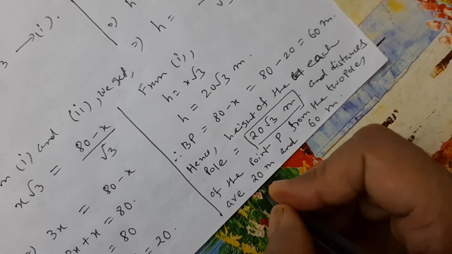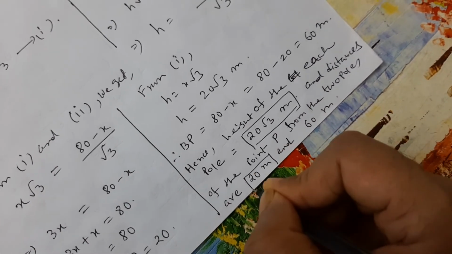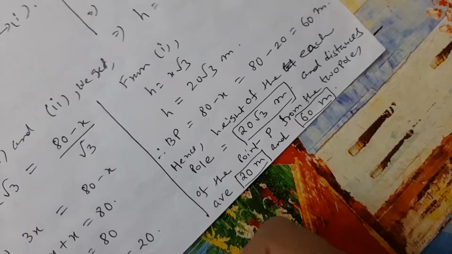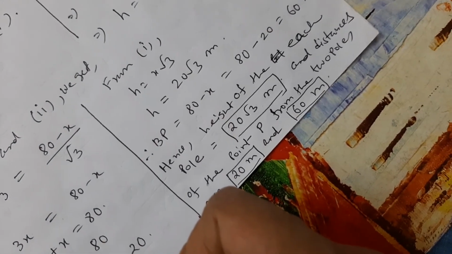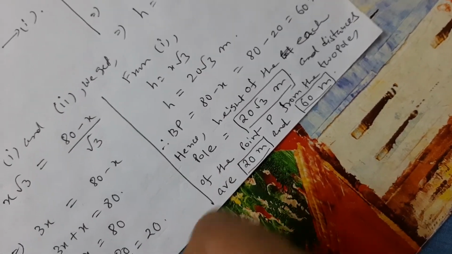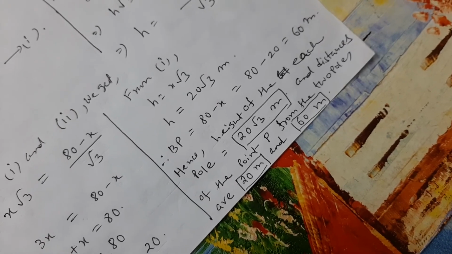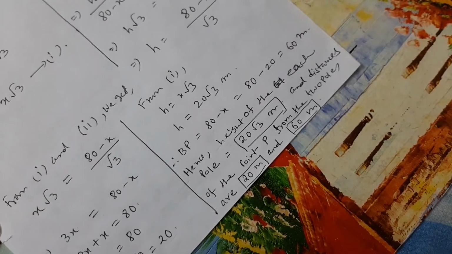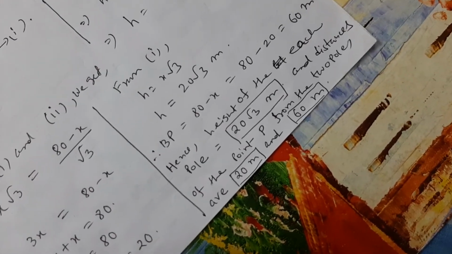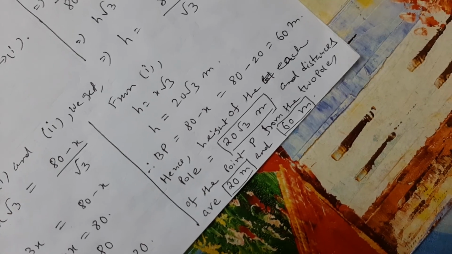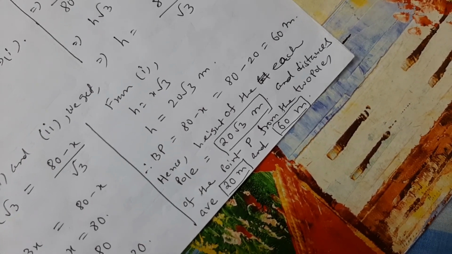One is 20, one is 60. So the length of each pole is 20 root 3 meter, and the distances from the point P are 20 meter and 60 meter. The total 80 meter is given, 60 plus 20 is 80, so it's okay. These are the answers. Thank you.